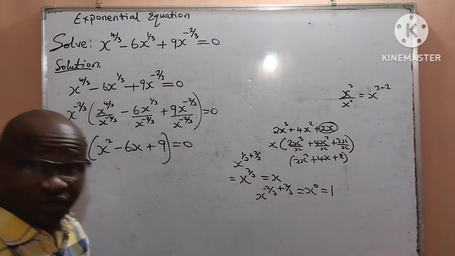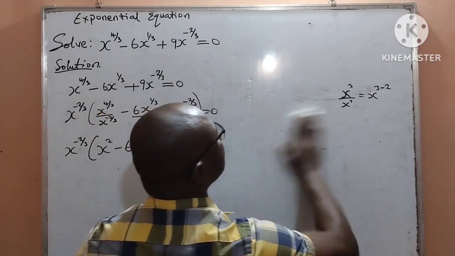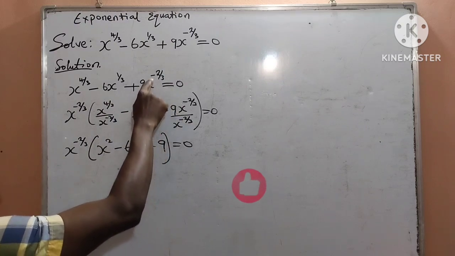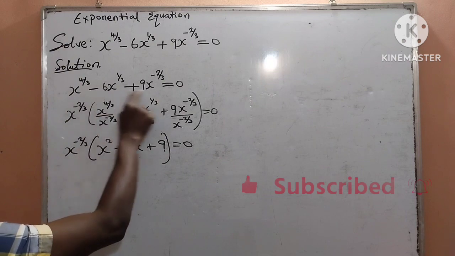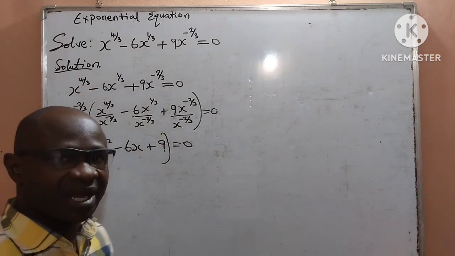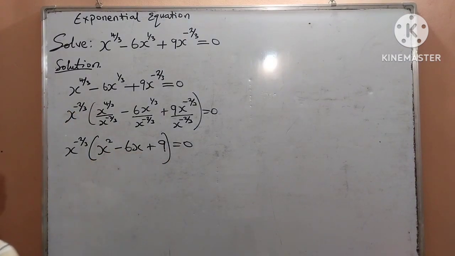Everything now is equal to 0. This is where we are. We have now factored what is common in this equation, which is x raised to power minus 2 over 3, outside. And what is left inside is this, as it is written inside the bracket. Maths is life. We move on.